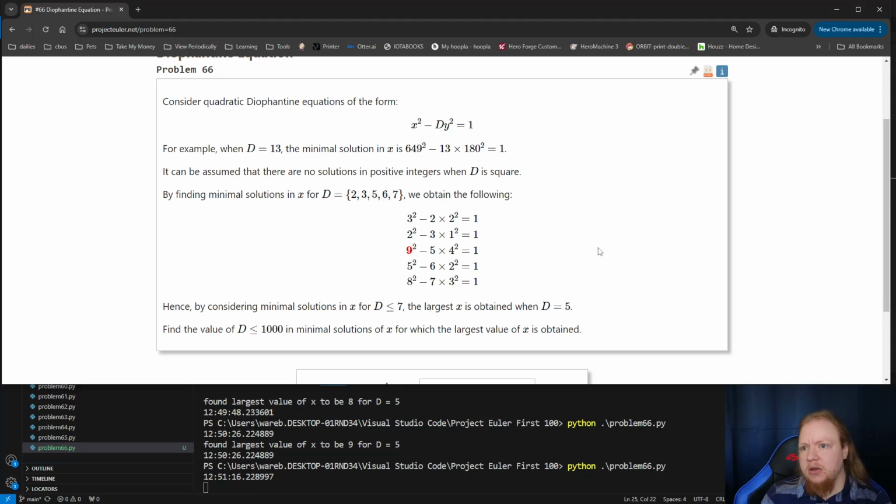So let's see, 9 squared is 81, minus 1 is 80, and then 80 divided by 5.